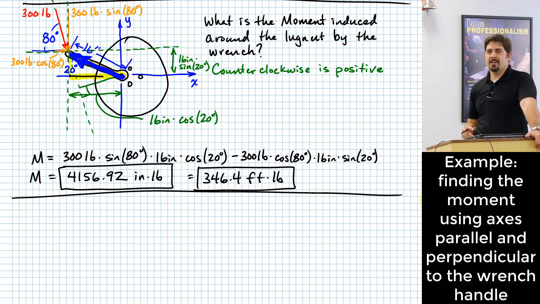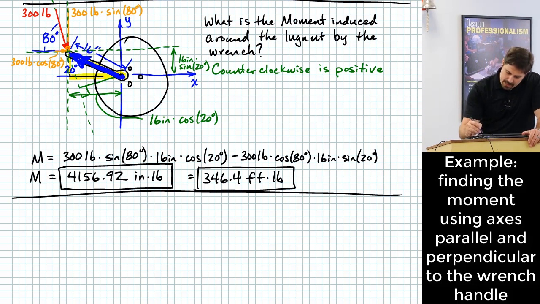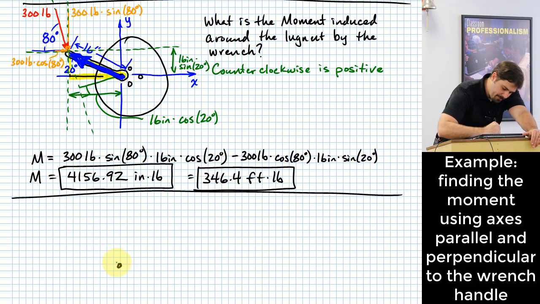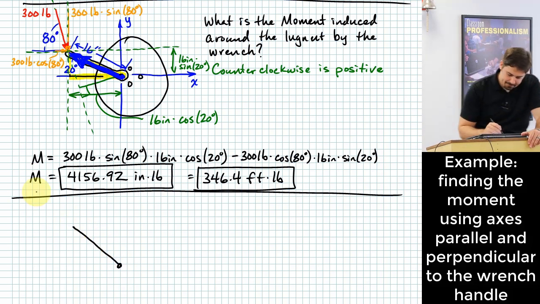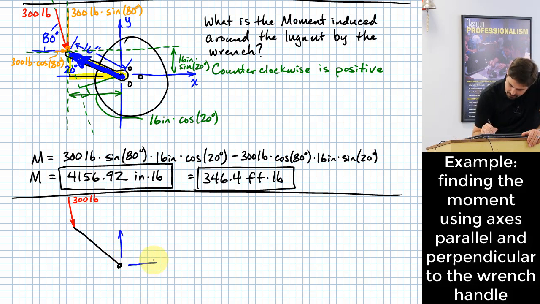Just kidding. All right, so the other thing that we can do is we can take this same idea. I'll tell you what, I'll clean it up a little bit. This was our wrench stuck up this way, and we had this force of 300 pounds that was applied to it like this, and we had our x and y directions.